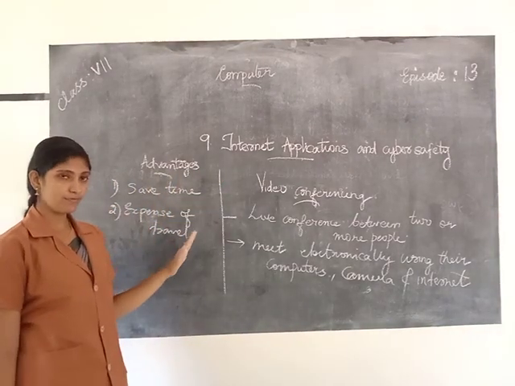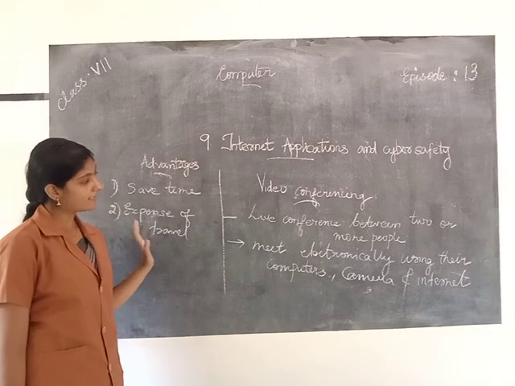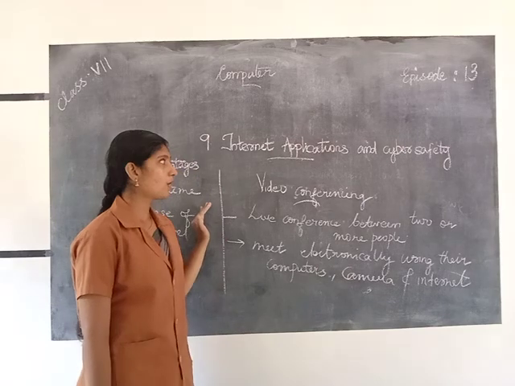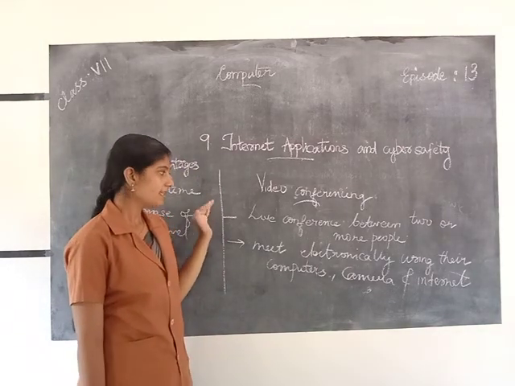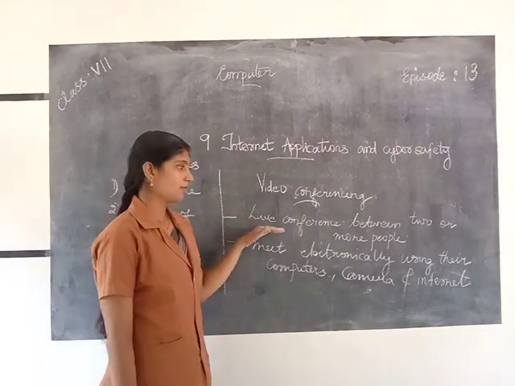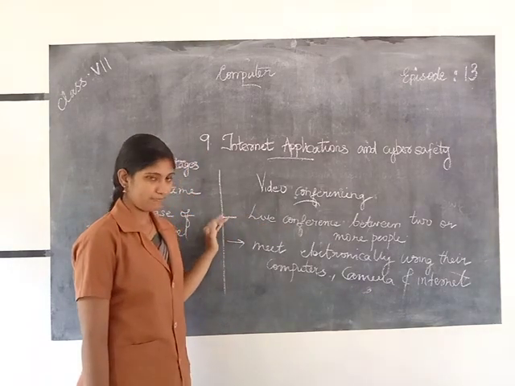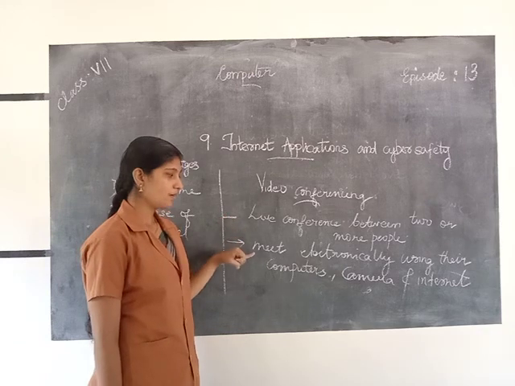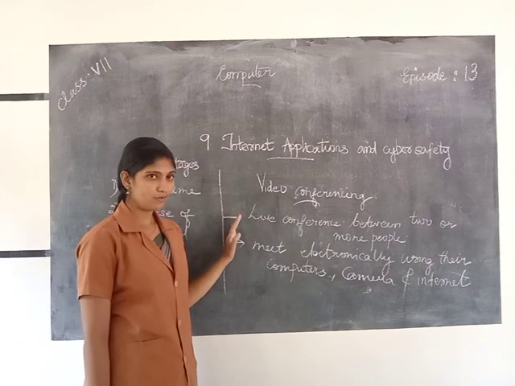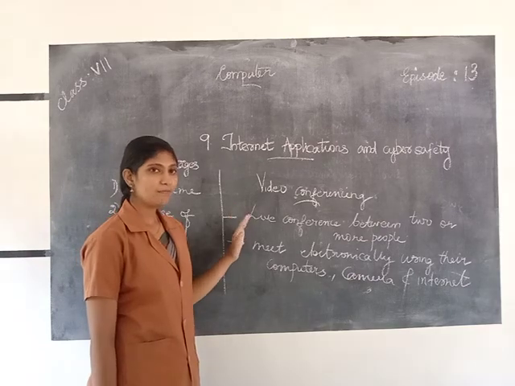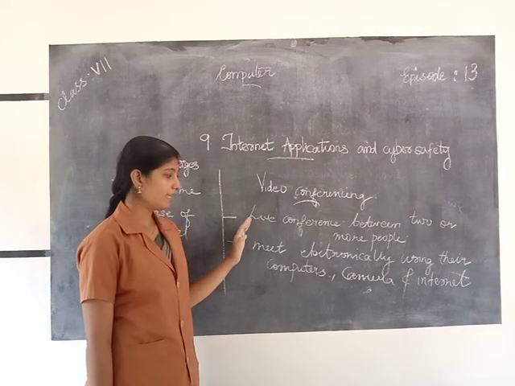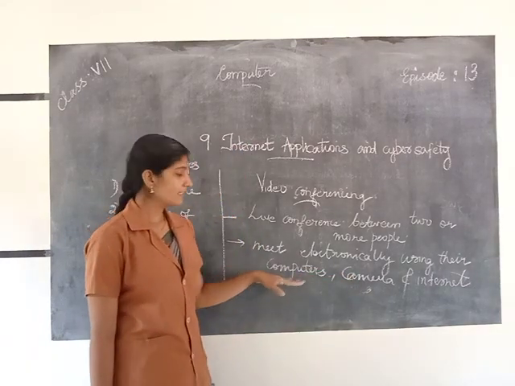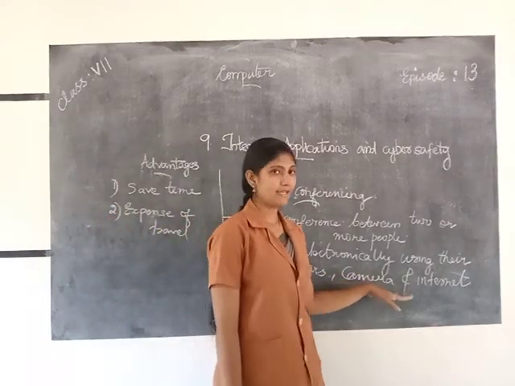Once again, this is our first topic. Video conferencing is one of the internet applications, and it is a live conference between two or more people. That is the first point. Here, people do not meet directly or physically but electronically, using equipment like computers, camera and internet.